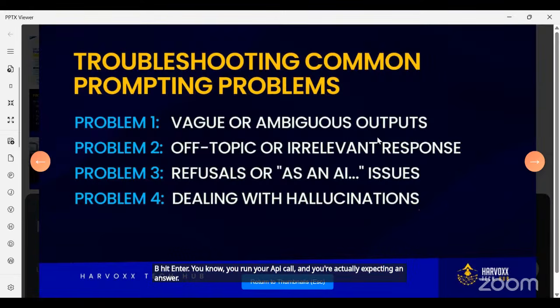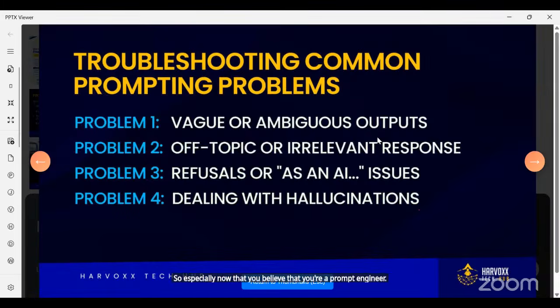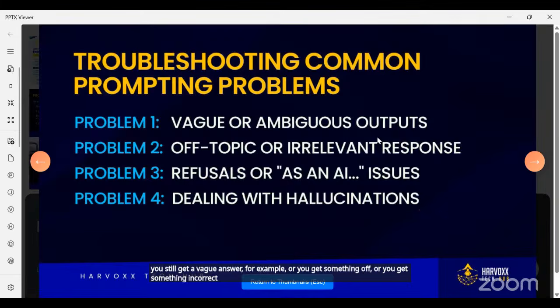Especially now that you believe that you're a prompt engineer, you expect that your results will come out good. And all of a sudden, you still get a vague answer, for example, or you get something off, or you get something incorrect, or even maybe the AI refuses to give you anything.